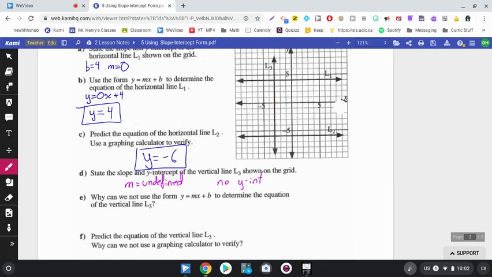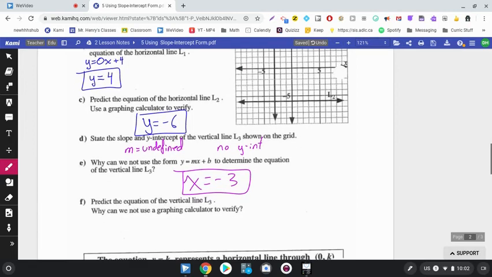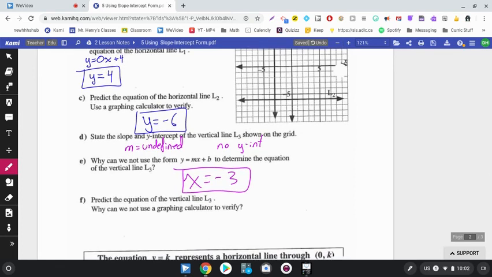No matter where I go, x equals -3. So for the horizontal lines, it was y equals a number. Vertical lines would be the opposite. It's x equals a number, right? I should have written that down below, but that's okay, right?